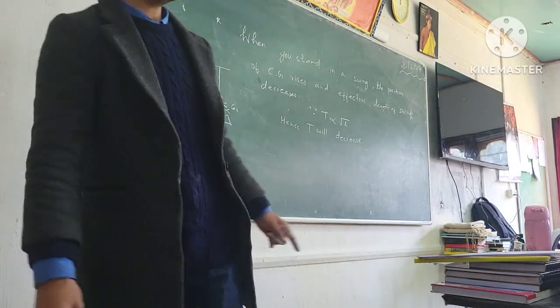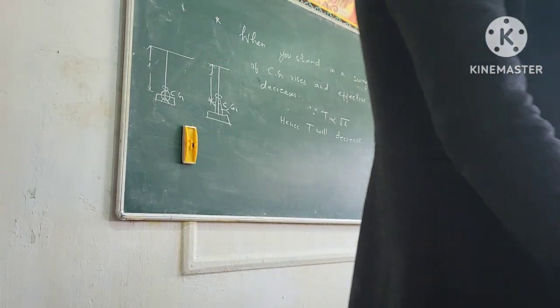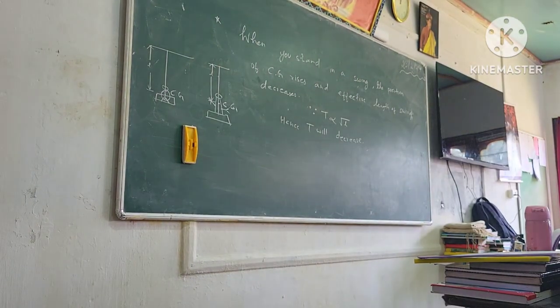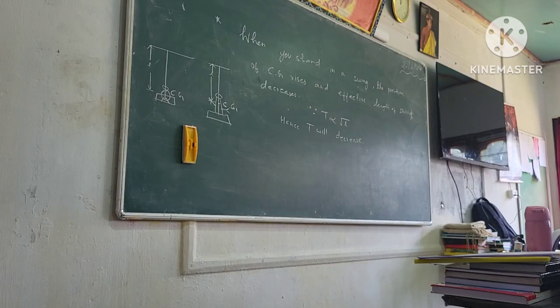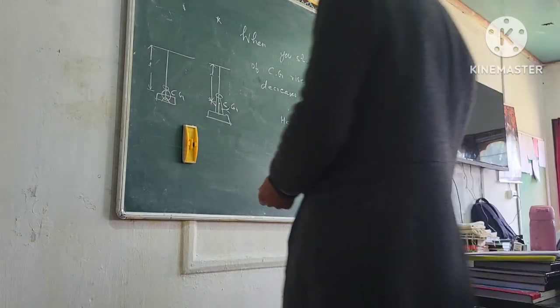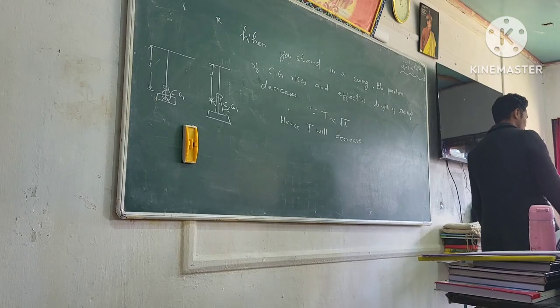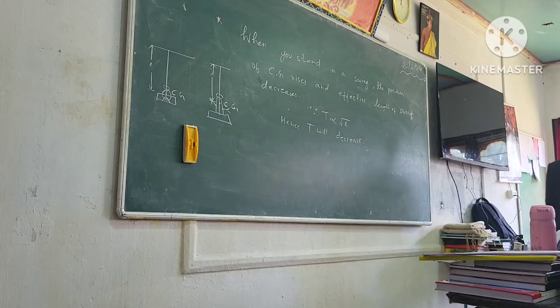So whenever L decreases, your time period will decrease. You better draw this diagram, just a rough diagram. And if you draw the diagram and explain in the exam also, that's good, because there we can show the position of the center of gravity.